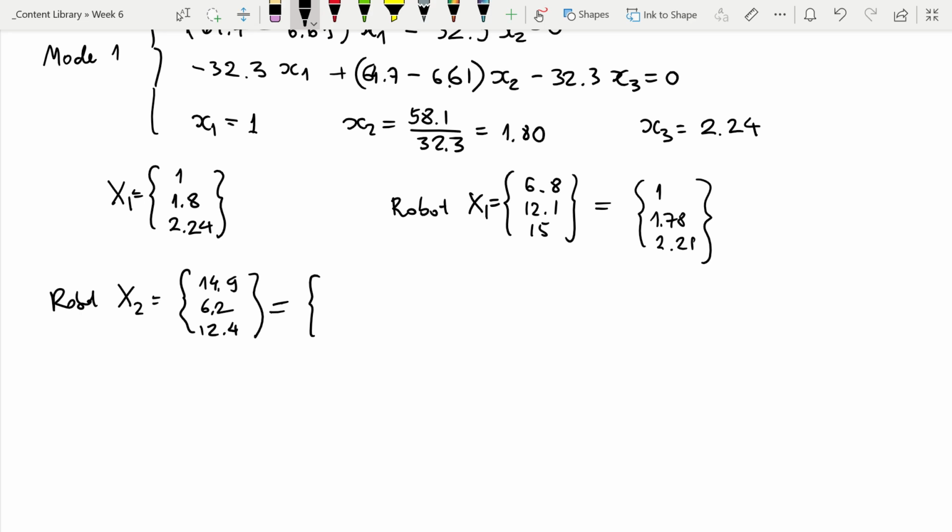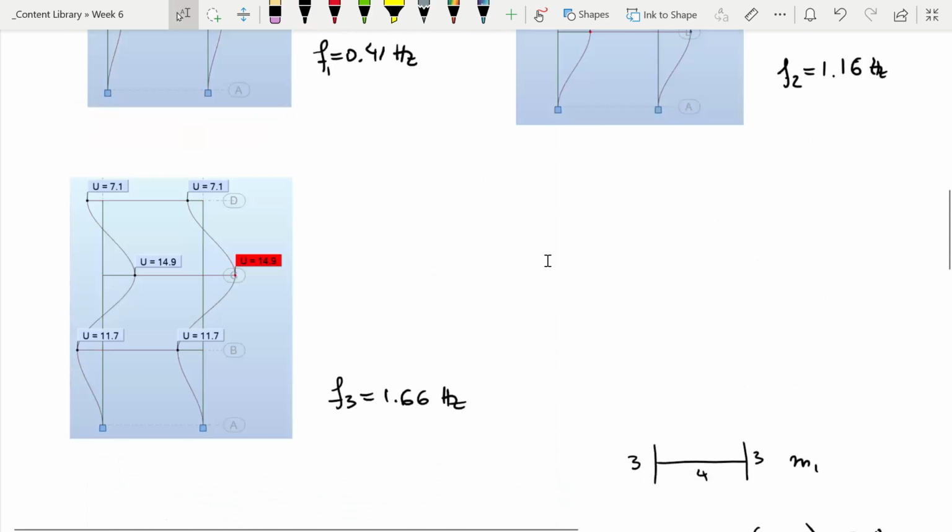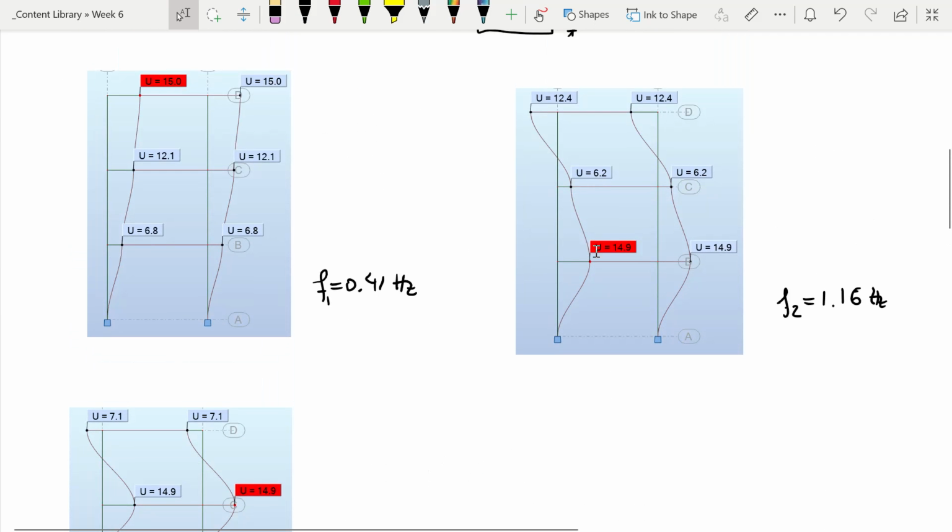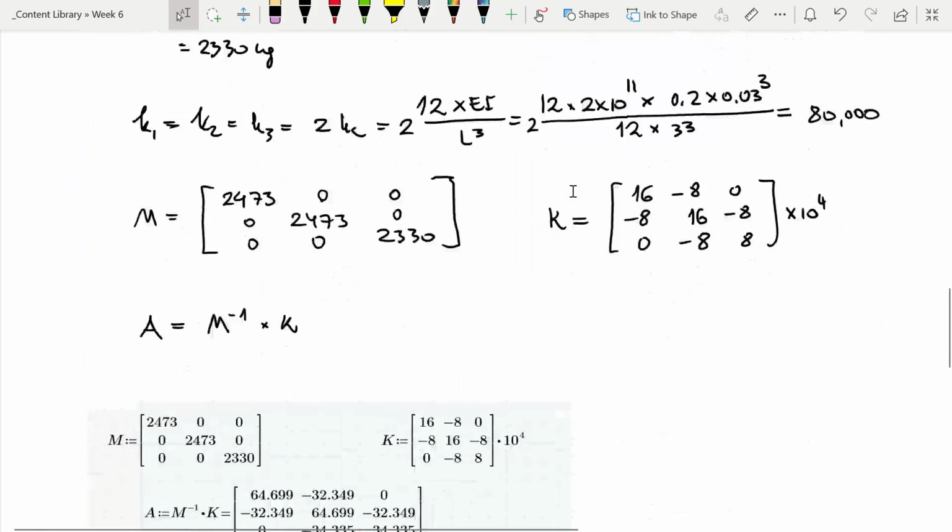And this is 1, this is negative 416. 042, and the other one is, sorry, this is positive 0.42.